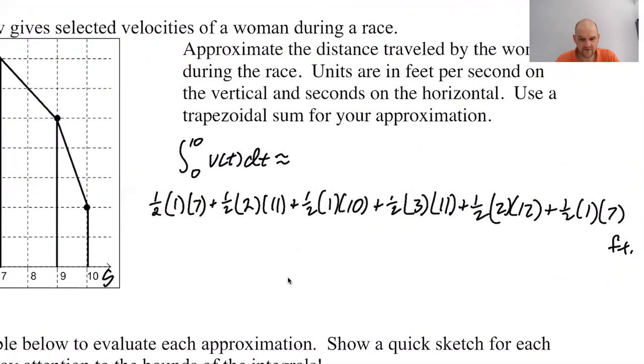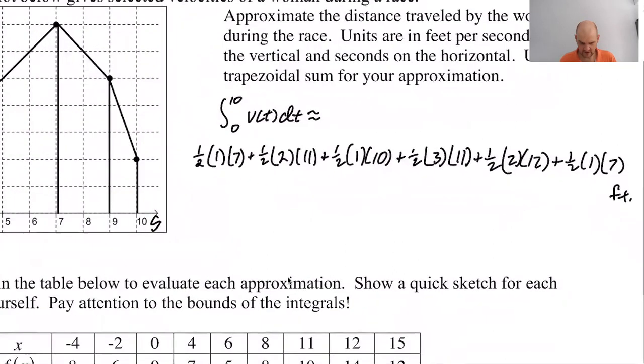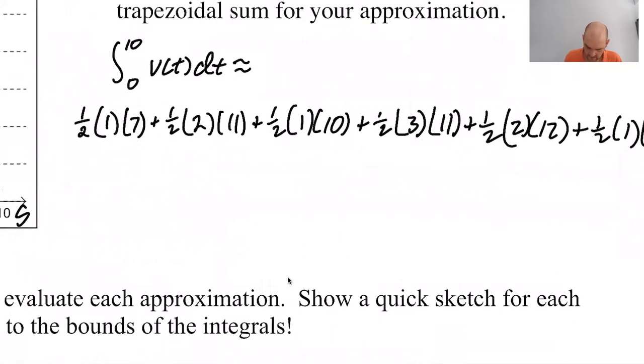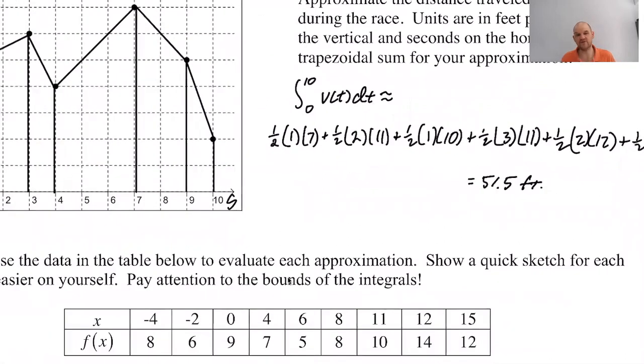So 1/2 times 7 plus 11 plus 5 plus 33 over 2 plus 12 plus 7 over 2. I think that's right. So that gives me 51.5 feet. So that's how far she went in 10 seconds. That doesn't seem very far. I don't think that's very far.